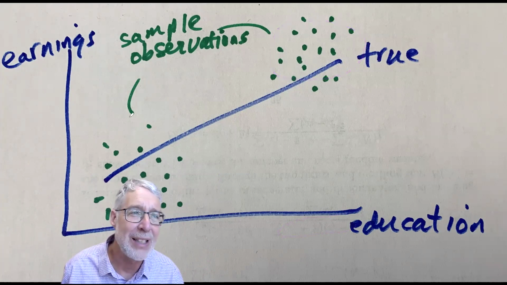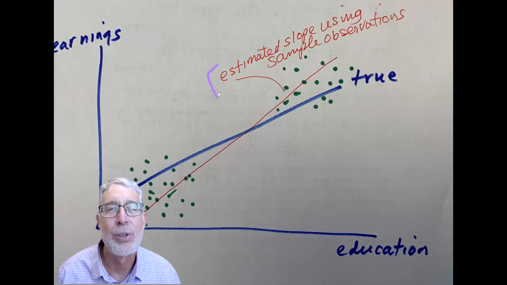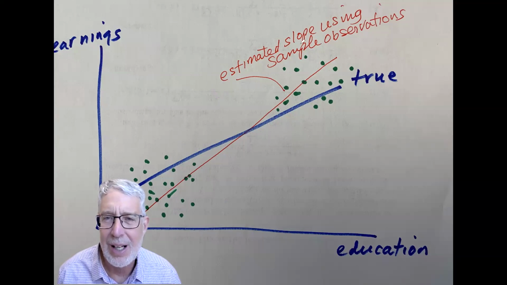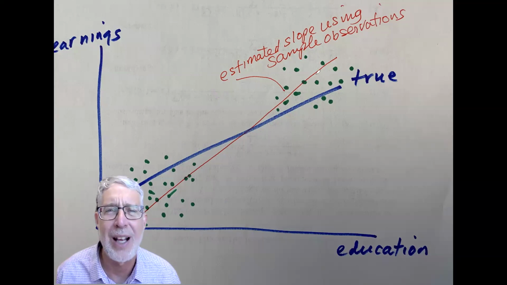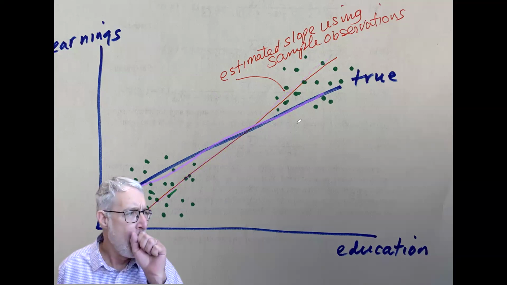When we go to fit our estimated line through this pattern, the red line will be our estimated slope using the sample observations, the best line through the scatter plot. I've drawn the scatter plot in a pretty exaggerated way. So the best fit line is going to be steeper than what we imagine to be the true line.